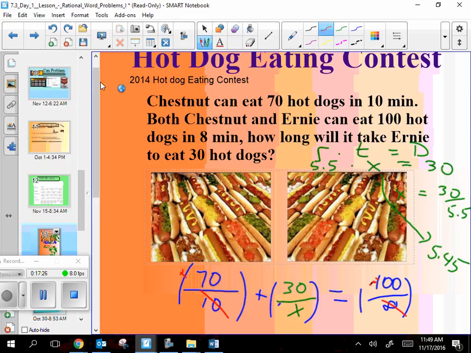Look, it's exactly the same as this. I would have figured out that X, his rate, would have been 5.5. And then how long it actually takes him? 5.45. So this would have come out to 5.45, which is the exact answer to the question that we had. We already got 5.45, but we did it a longer way. Do you see how it could have been smarter to set it up this way?